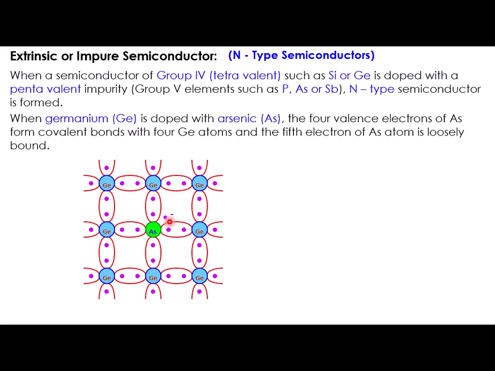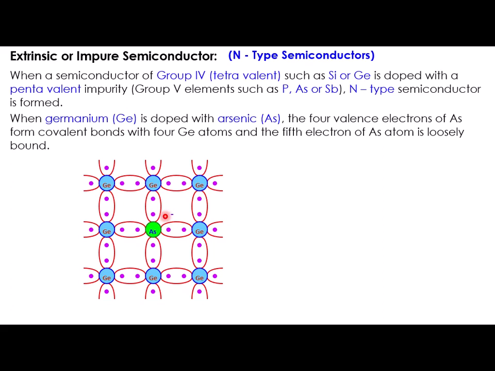That's why the force of attraction between this atomic core and this extra electron will be decreased. Due to that decrease in force of attraction, this electron will be loosely bound, and you require a very small amount of energy to ionize this electron.